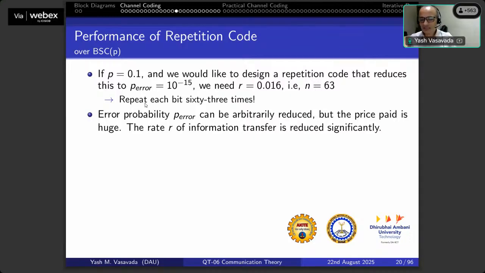Most of the time, the channel does not remember that it did not corrupt the previous bit, so now it shouldn't corrupt the current bit as well. Or it corrupted the current bit, so it should corrupt the next bit. That is typically the case for many of the real world channels. They are memoryless.